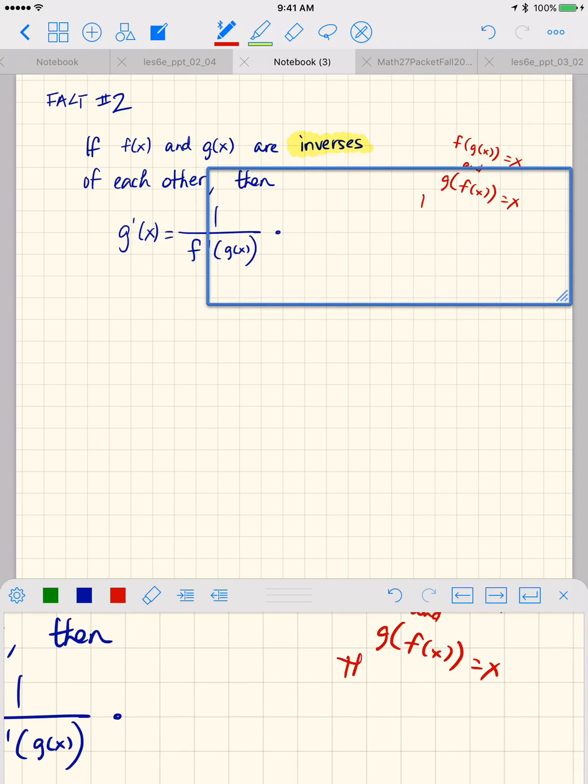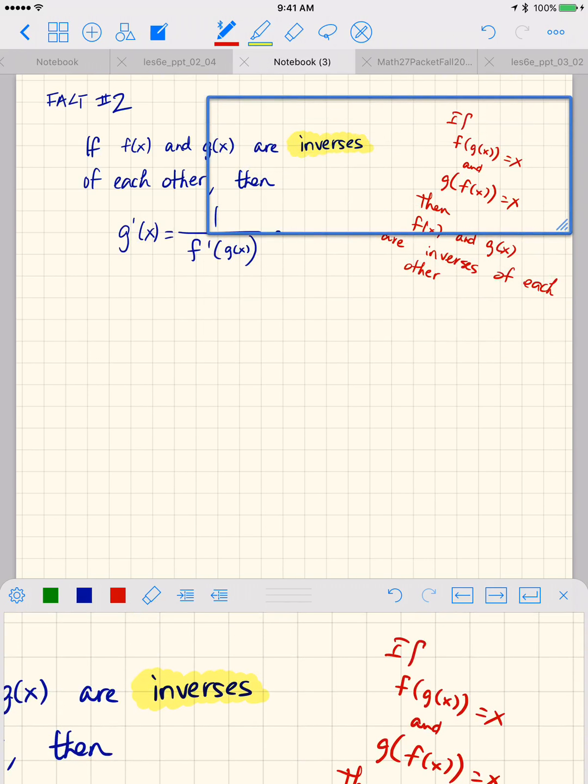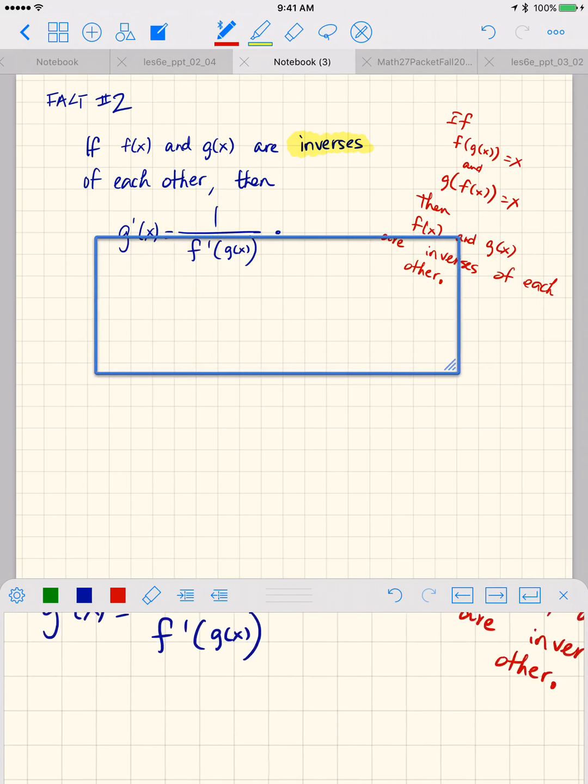Then f of x and g of x are inverses of each other. So we're going to use this to come up with the derivatives for our trig functions and for our e to the x, our logarithmic, our exponential functions. So let's go ahead and do that now.